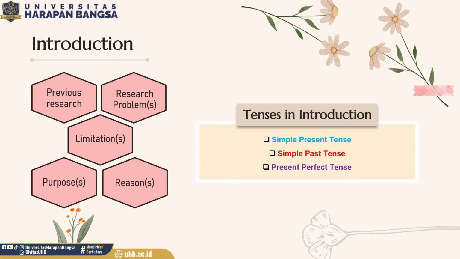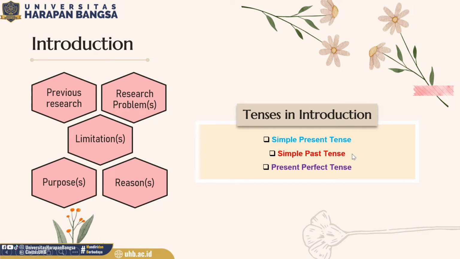Tenses used in introduction are simple present tense to talk about reasons of conducting the study, literature, facts that are generally true and unlikely to change, and results of past research and relevant to present research.